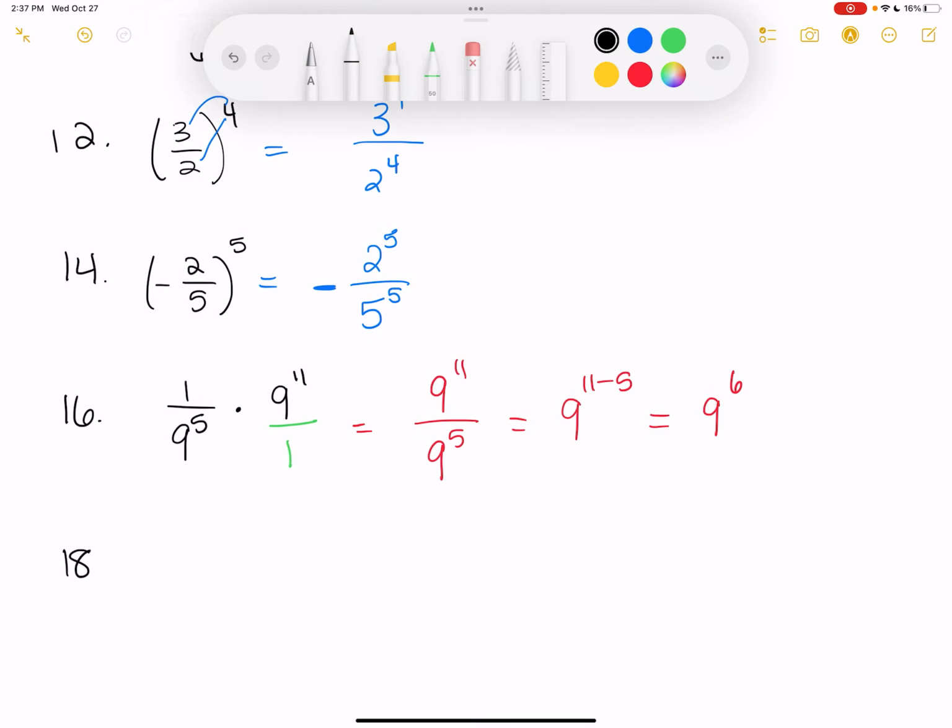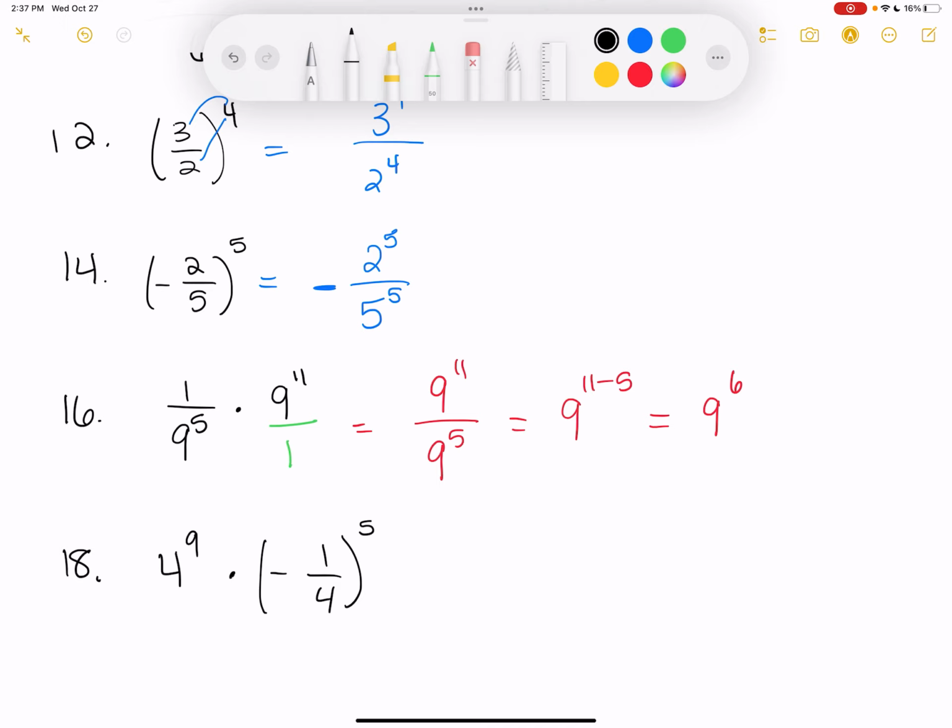All right, 18. I've got 4 to the 9th times negative 1/4 to the 5th. So what do we think I need to do with this one? Put the 1 over 4. Do you do the same thing you do with 16?